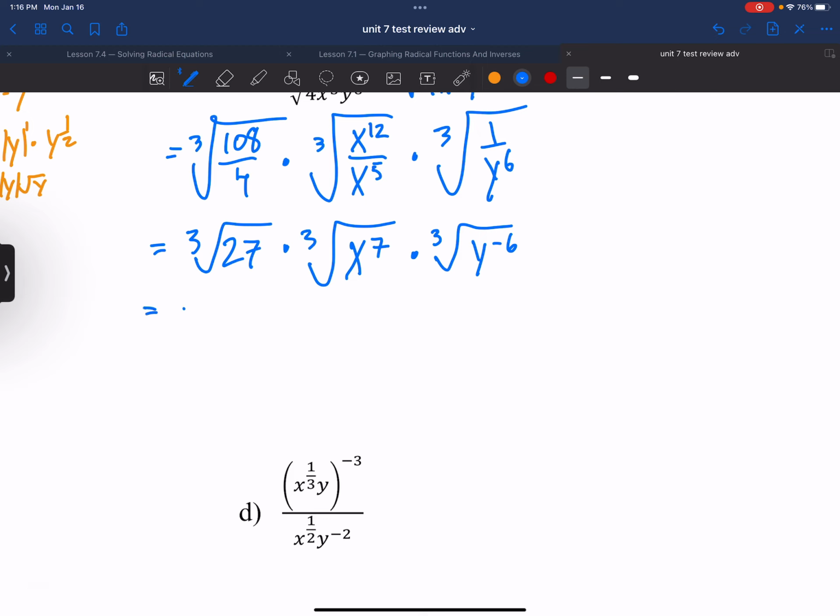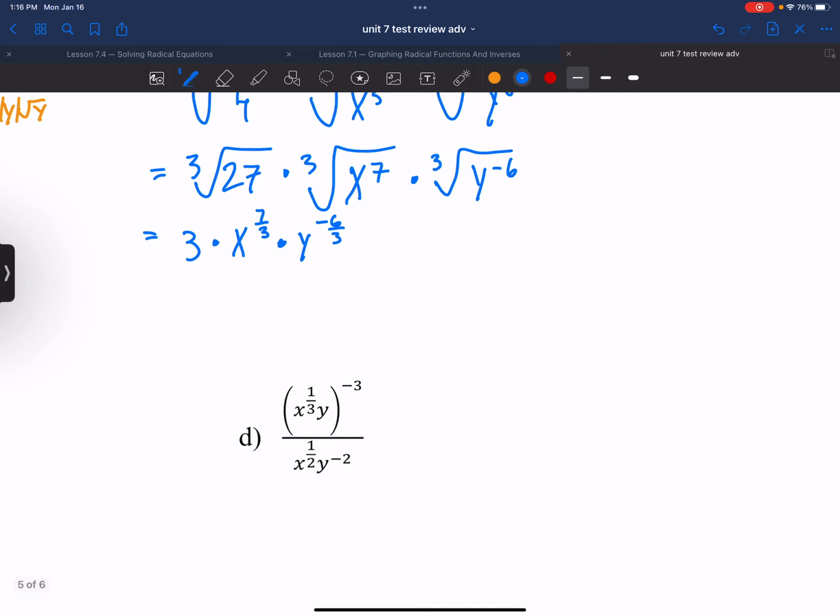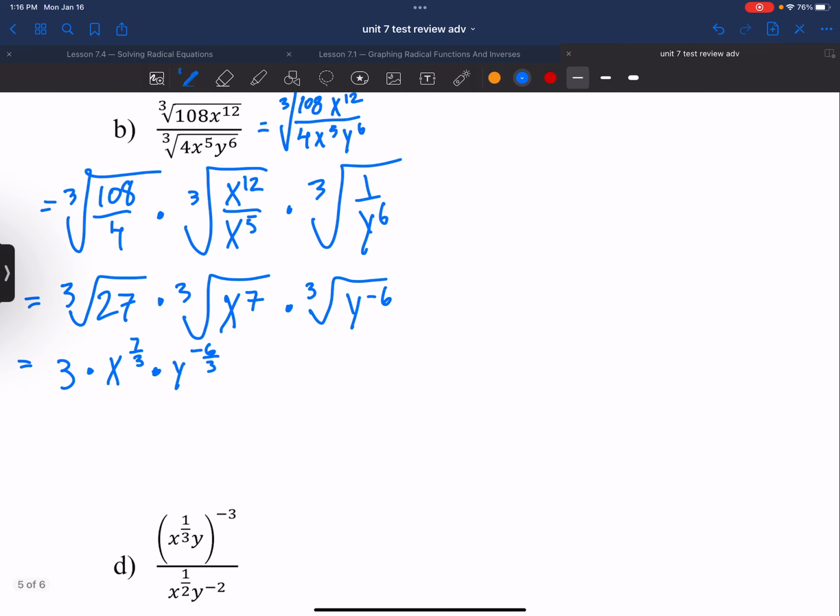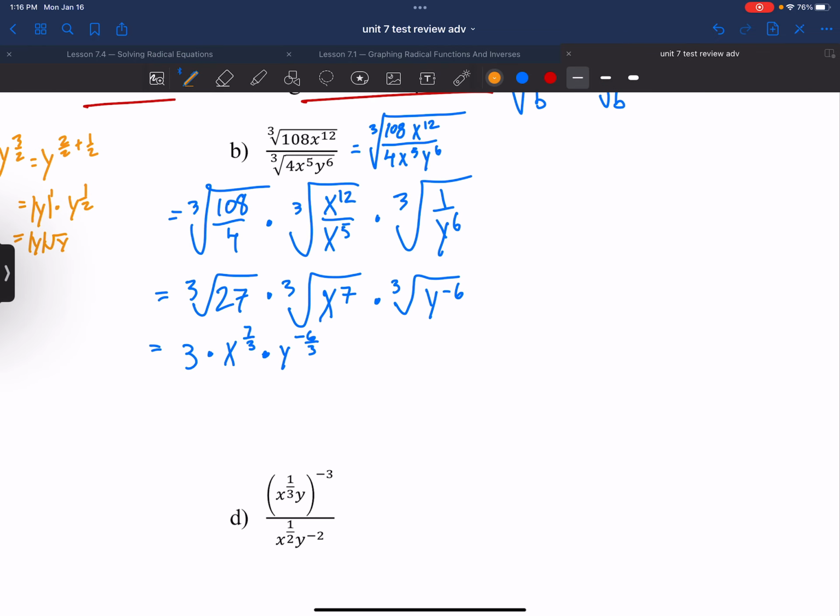Cube root of 27, that's thankfully just 3, times x to the 7/3 if I'm using rational exponents, times y to the negative 6 over 3. I'm just using the rational exponents to accomplish that. And real quick to show you, this is how I simplify x to the 7/3.